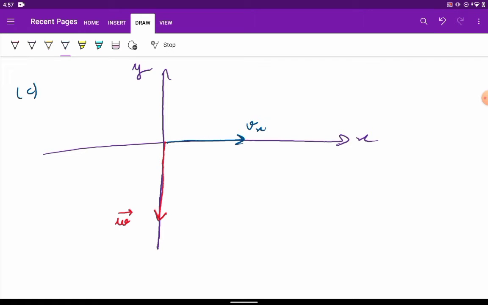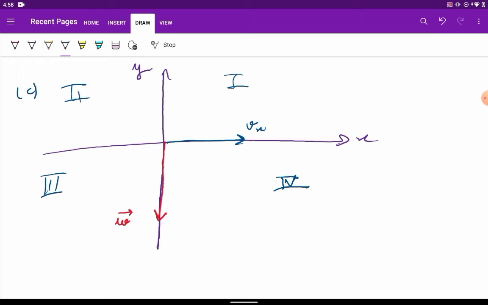Now you need an angle of pi by 4. If the y component of velocity is positive, there would be an obtuse angle because it would lie in the first quadrant. This is the first, second, third, fourth quadrant. So it has to lie either in the first or the fourth quadrant.